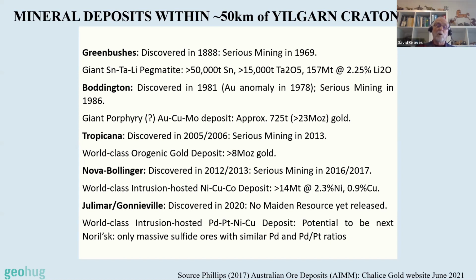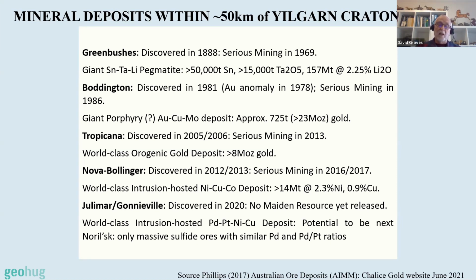Tropicana, world-class orogenic gold deposit. Nova Bollinger, discovered as a major nickel, copper, cobalt deposit. And now Julimar Gonaville, where there's no resource. I think a resource is about to be released of one small part of it, where I think it has the potential to be the next Norilsk.